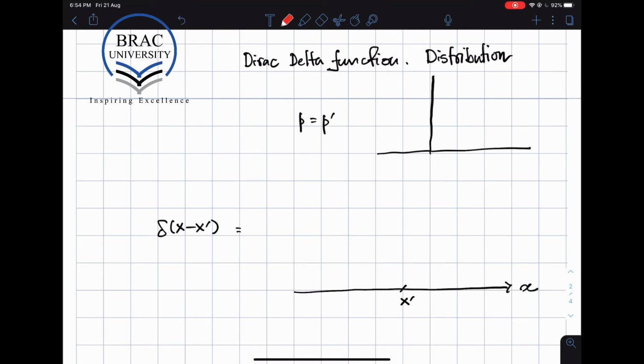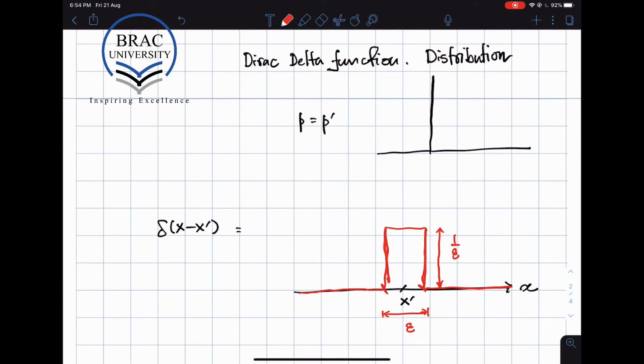So if I take a top hat function, so it's 0 everywhere, but around x equals x prime, it just goes up and has a constant value. I will take this interval to be a small positive number called epsilon. And then I will take this height to be 1 over epsilon.